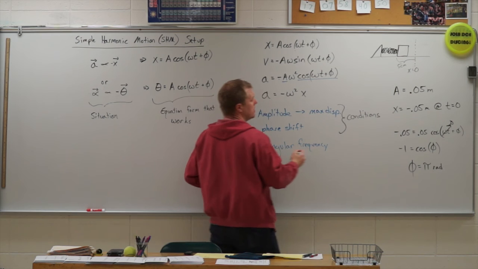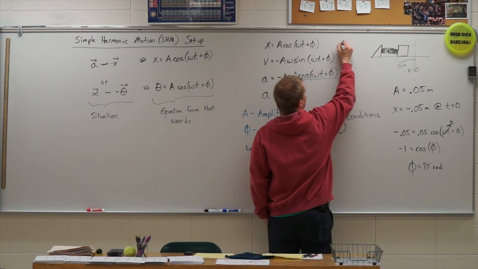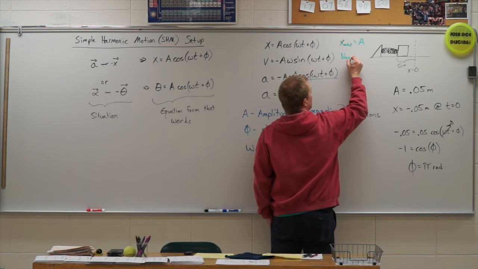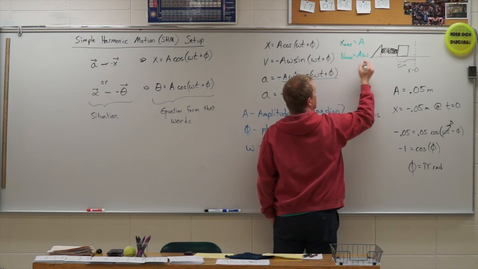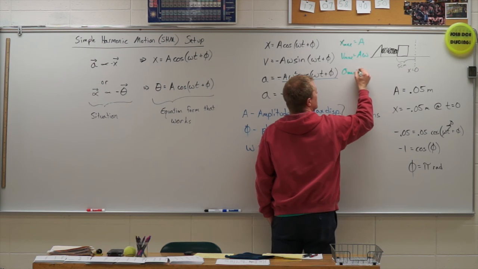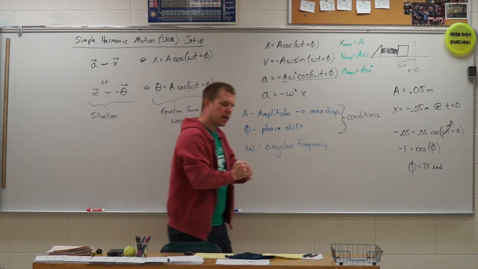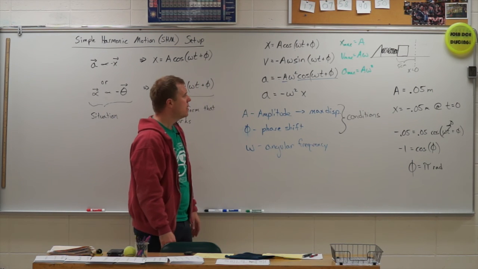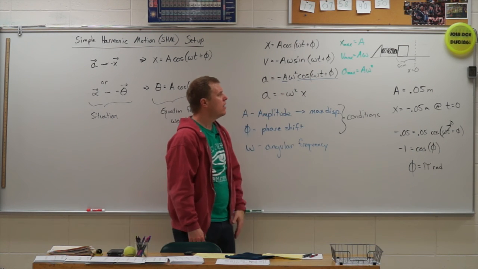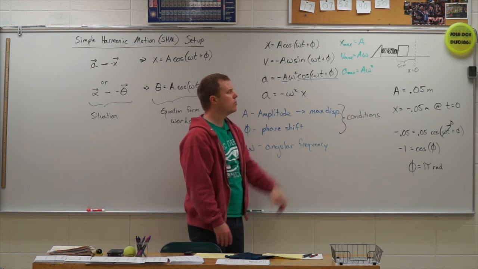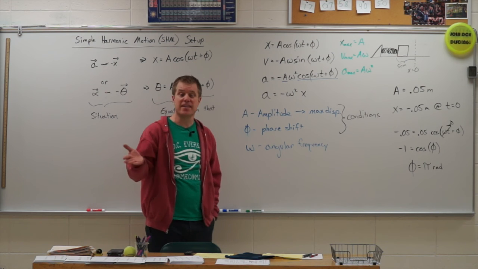I could probably write this down here. So I have x max equals A, v max equals A omega, and a max equals A omega squared. You can find those maximum values by just making that cosine equal to 1 or negative 1, or the sine equal to 1 or negative 1. And so you could solve for when that time is.